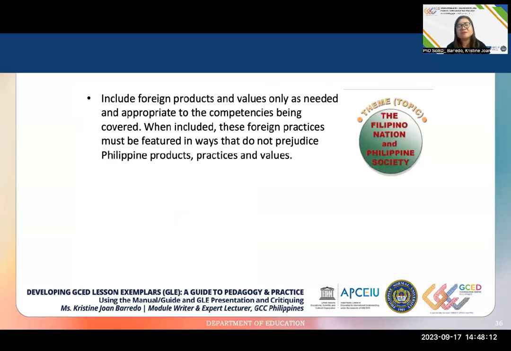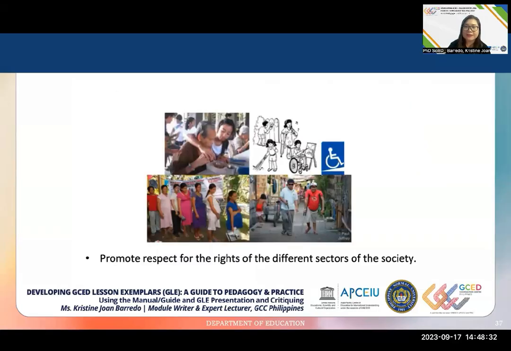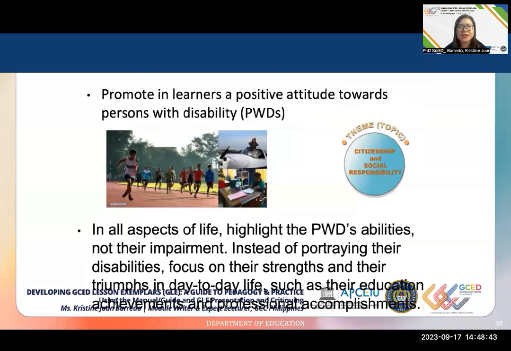Include foreign products and values only as needed and appropriate to the competencies being covered. So when included, these foreign practices must be featured in ways that do not prejudice Philippine products, practices, and values. So dapat sariling atin ang mga nilalagay nating mga content. So katulad dito, promote respect for the rights of the different sectors of society. Promote in learners a positive attitude towards persons with disabilities in all aspects of life.